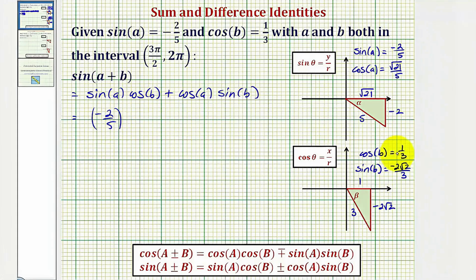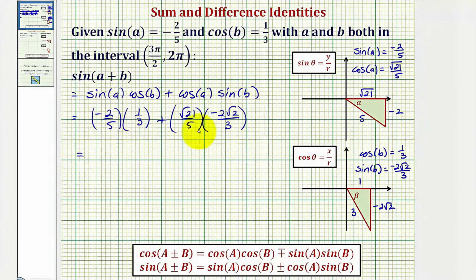Cosine B is equal to positive 1/3. Cosine A is equal to square root 21 divided by 5. And sine B is equal to negative 2 square root 2 divided by 3.